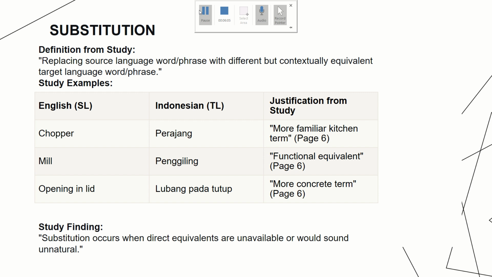Mill becomes a functional equivalent. Opening in lid is rendered as a more concrete term. This occurs when a direct equivalent is unavailable or would sound unnatural in the target language.